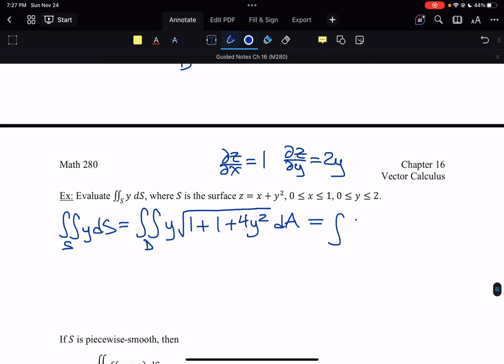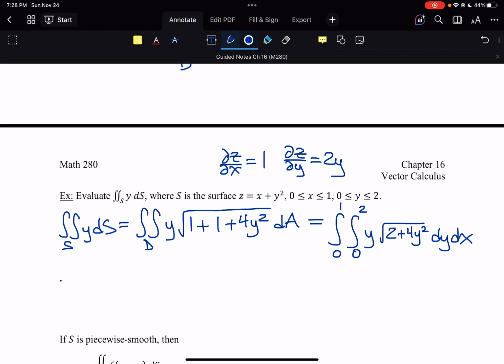So we have the double integral of y times the square root of 2 plus 4y squared. All the bounds are constant, so it doesn't matter the order of integration. We'll do dy dx, so y goes 0 to 2, x goes 0 to 1. Actually, you can even split this up because there are no x's in the integrand at all.